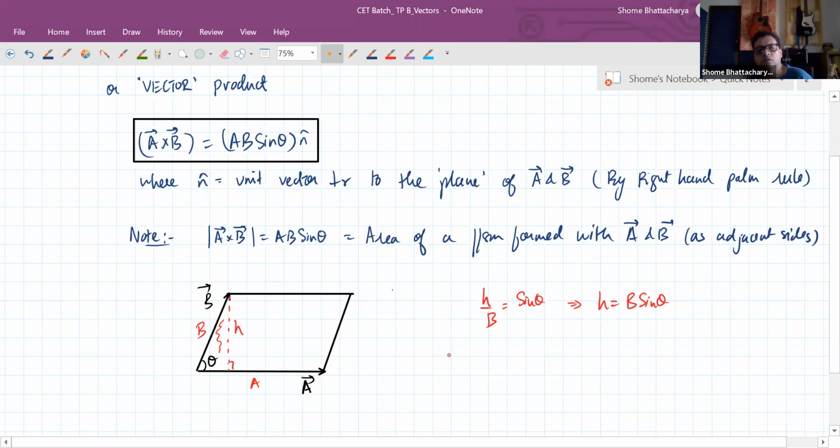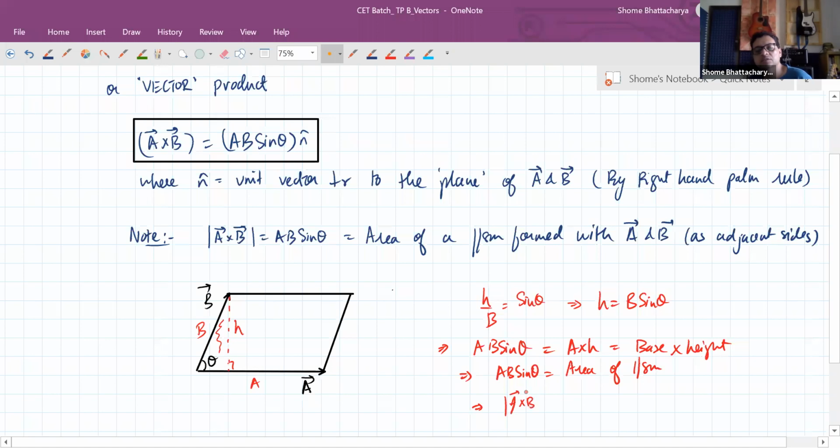So now A into b sine theta is nothing but A into h, which is nothing but base into height. So that is nothing but the area of the parallelogram. So AB sine theta is nothing but the magnitude of A cross B by definition.